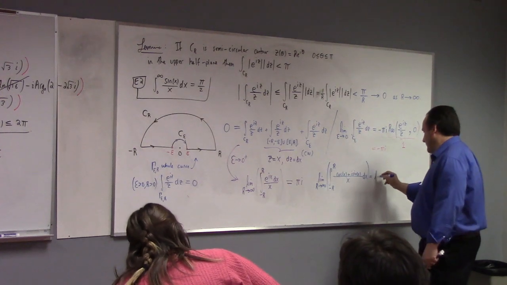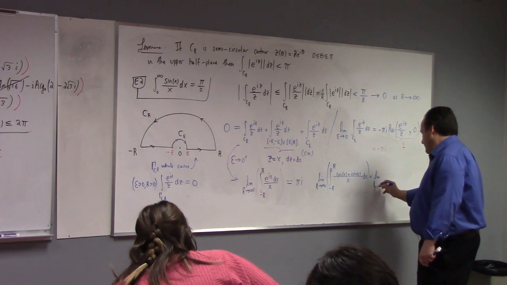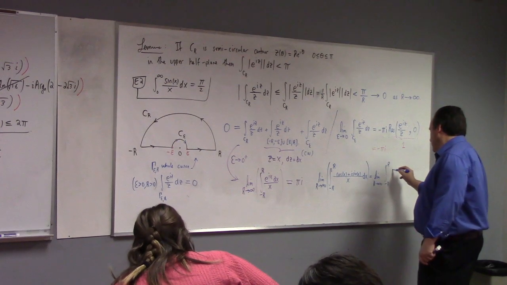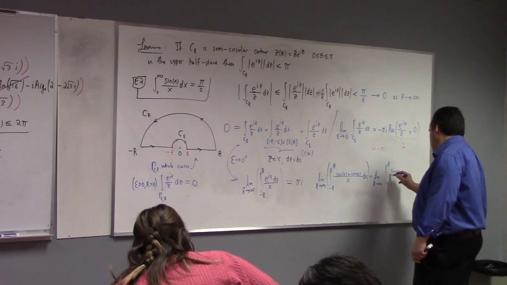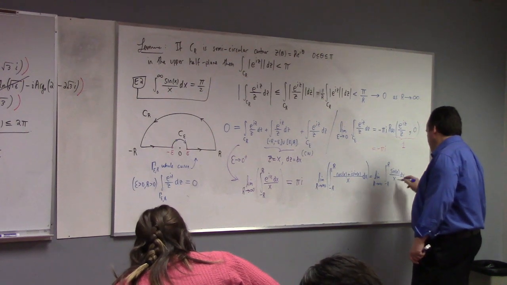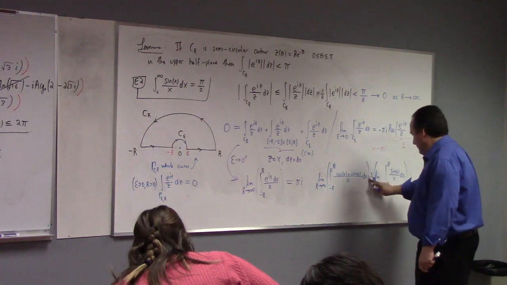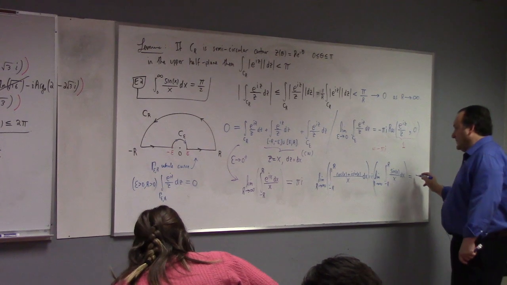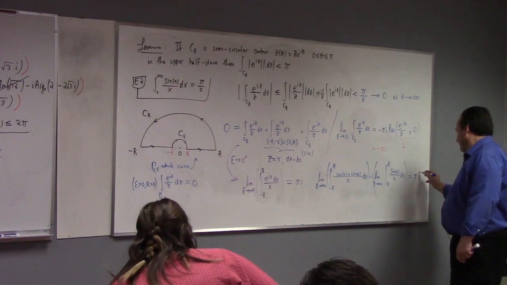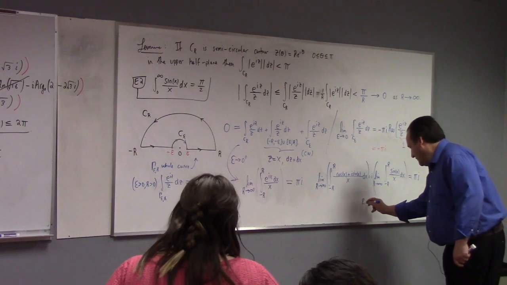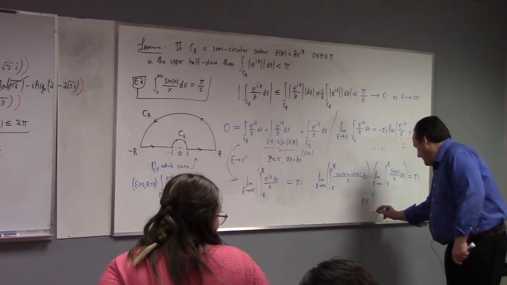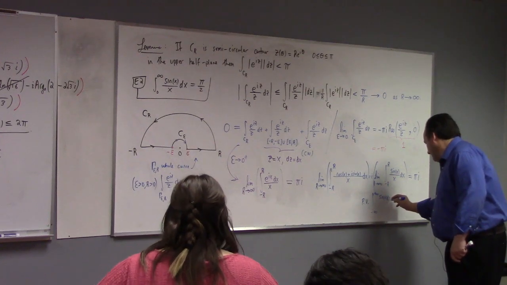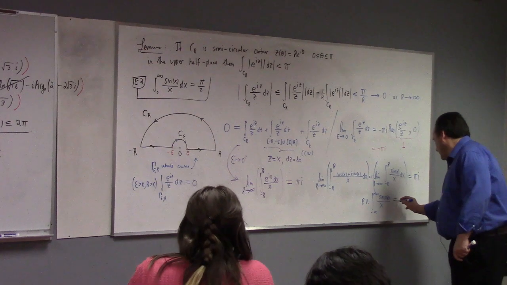So this just leaves us with the limit as r goes to infinity of the integral from minus r to r of sine x over x dx. And I'm going to take the liberty of pulling an i out of all that, and that's equal to pi i. Therefore, the principal value of the integral from minus infinity to infinity of sine x dx over x is equal to pi.